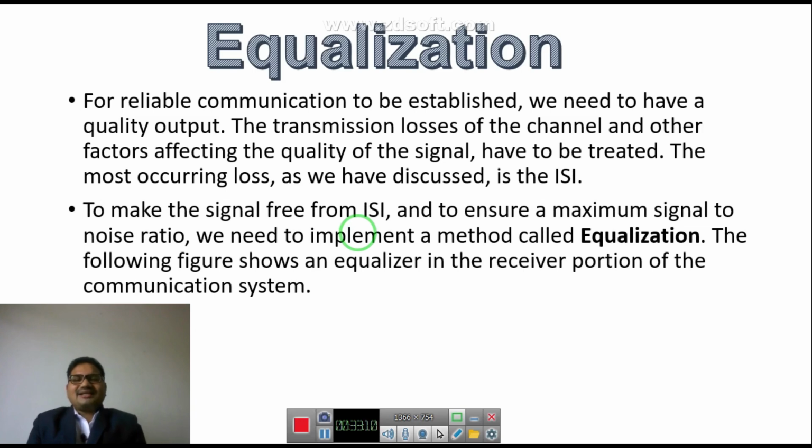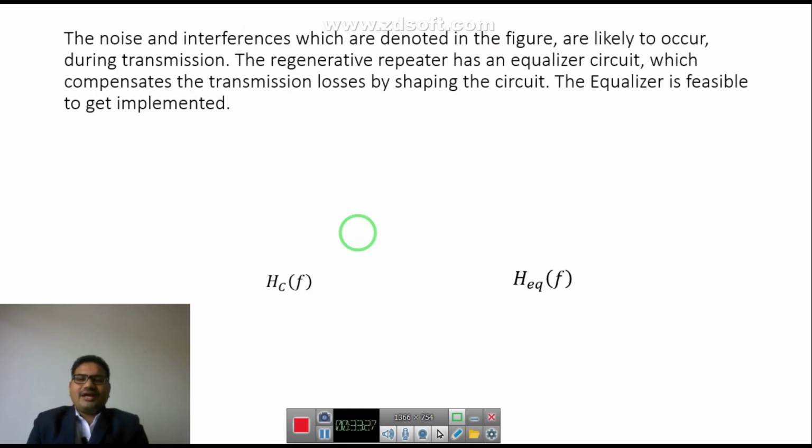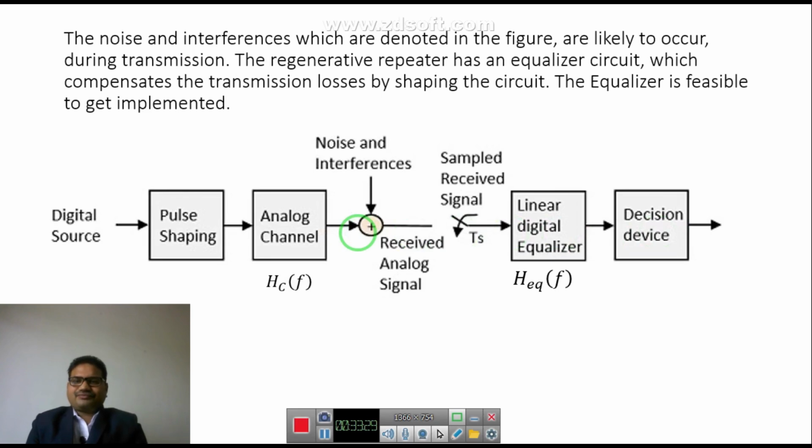To make the signal free from this ISI and to ensure a maximum signal to noise ratio, we need to implement a method called equalization. The following figure shows the equalizer in the receiver portion of the communication system.